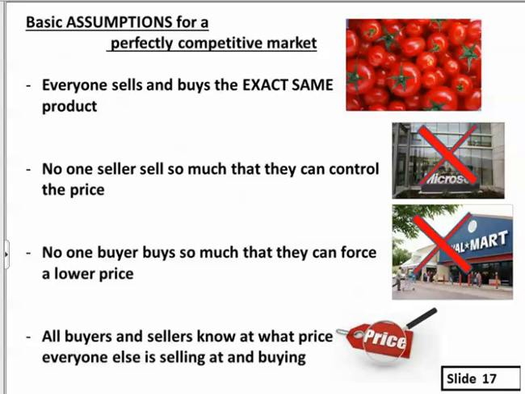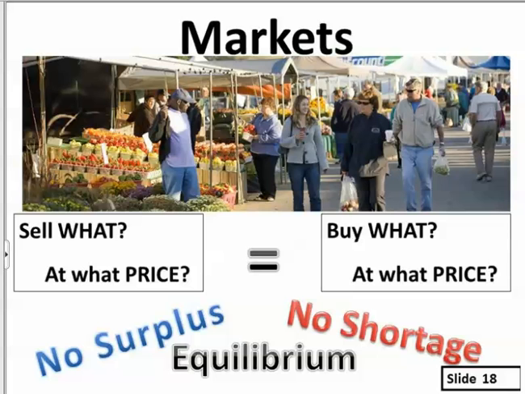Okay? And with that, what is a marketplace? Well, remember, we talked a little bit about a marketplace before. That's where buyers and sellers come together to exchange the same product, and they end up settling on a price.